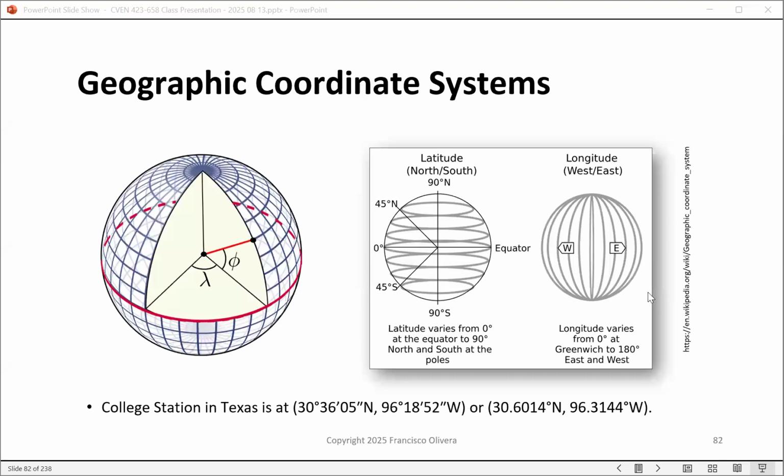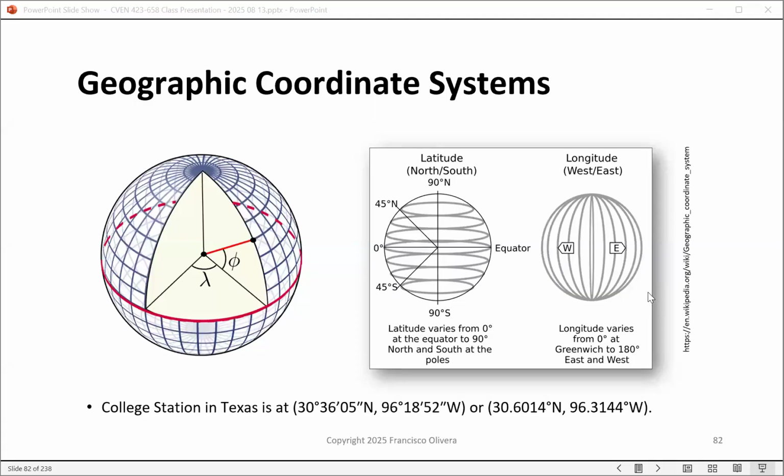So we're going to have the latitude and longitude. The longitude is measured east and west from Greenwich, which is a location very close to London. Everything that is to the east is going to have a positive longitude, and everything that is to the west is going to have a negative longitude.